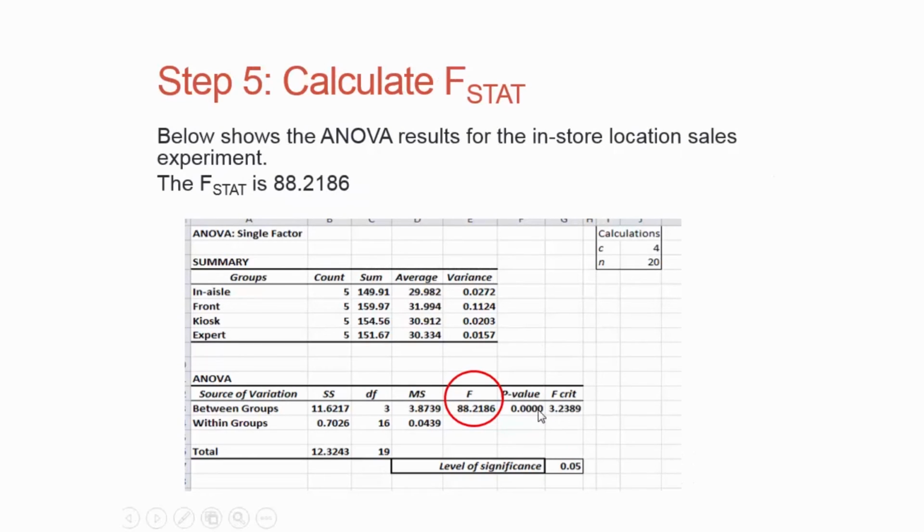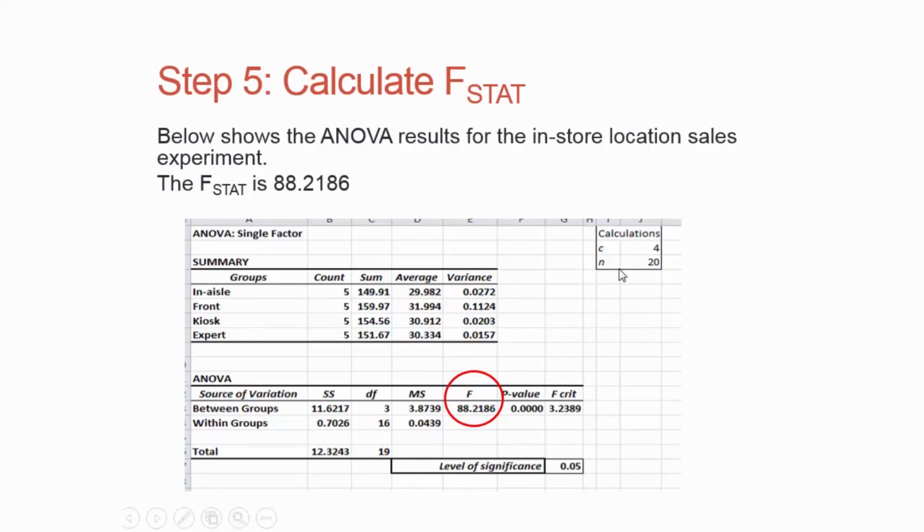Step 5, we examine the F statistic, which is provided in the printout. Under the ANOVA section, between groups, 88.21, and we're using a 0.05 level of significance. These are the sample averages, the sums for each column, and the variances for each column. We have 5 in each group, as we've said. So we've got a pretty large F value there.